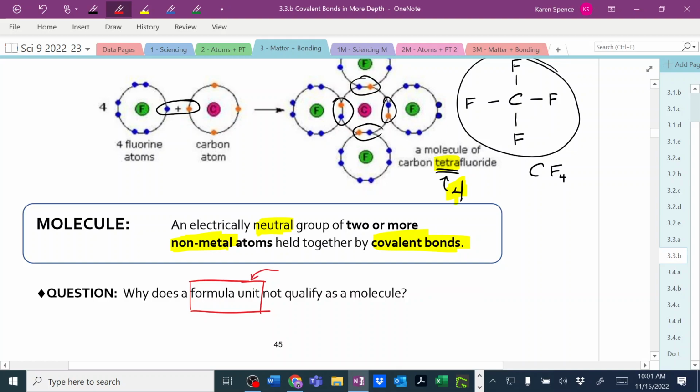See if you can remind your partner, what is a formula unit?